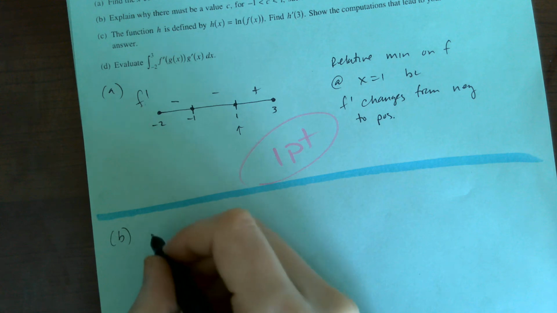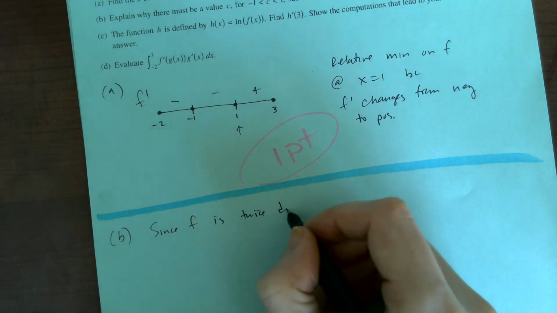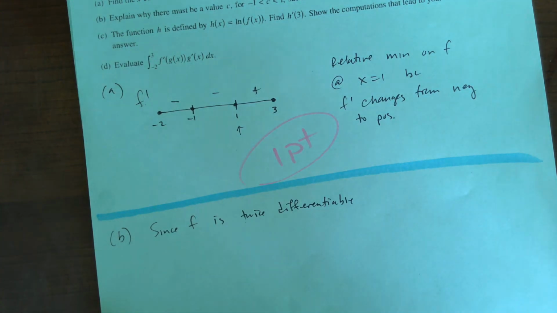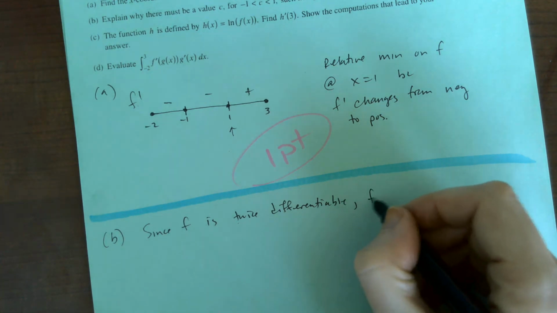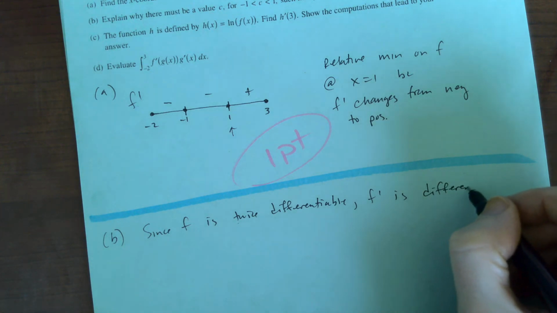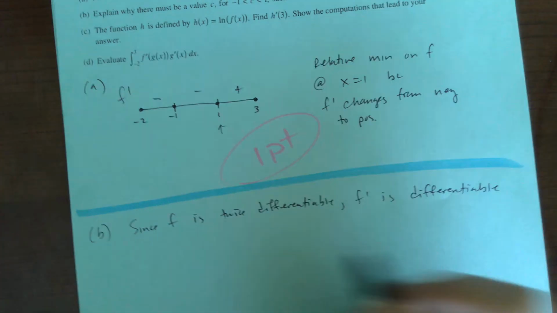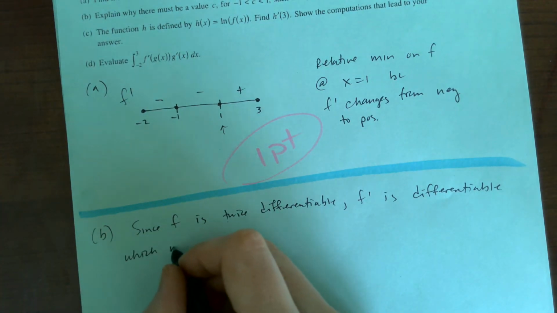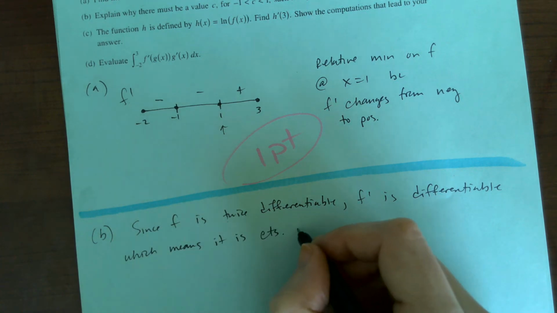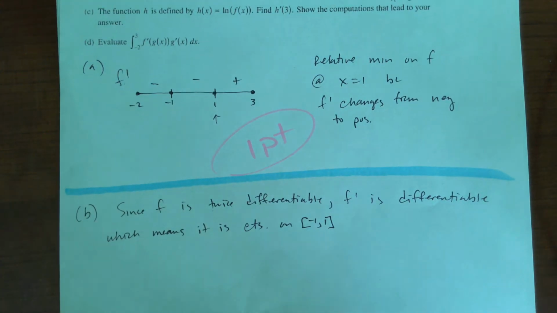All right, so this is what I'm going to say. I'm going to say since f is twice differentiable, f prime is differentiable, which means it is continuous on negative 1 to 1, all right?